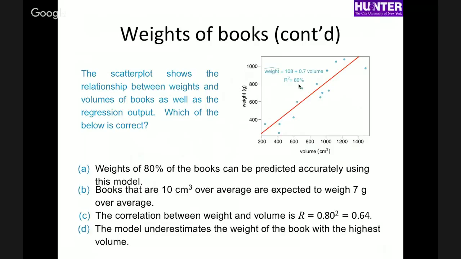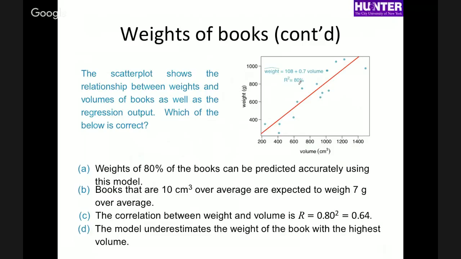Just to review the linear regression stuff, who wants to tell me which of the following is the correct interpretation of this R squared? Or maybe you can tell me first which ones are definitely not correct. Go for it, don't be shy.